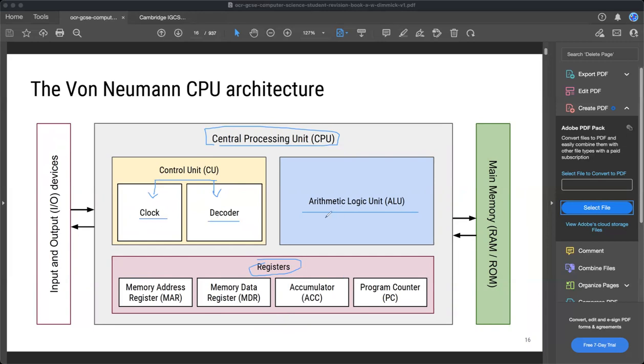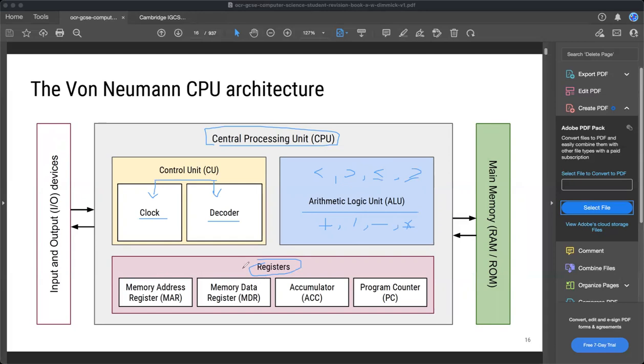In the ALU, we only do mathematical calculations: plus, minus, divide, multiply, and comparisons like lesser than, greater than, lesser than or equal to, greater than or equal to, and so on. So the ALU performs these things.